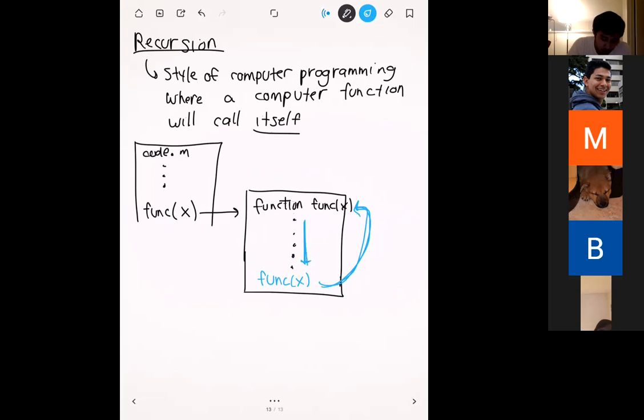Because if you're constantly calling itself, then you're going to be stuck in this infinite loop of get into the function, call itself, get into the function, call itself, right? And so this is bad because you don't want to crash your computer, right? And so you don't want MATLAB to run your RAM into the ground, because that would be bad. And so a key part of recursion is you have to code in a way to not only get into this loop, but also to break out of it.